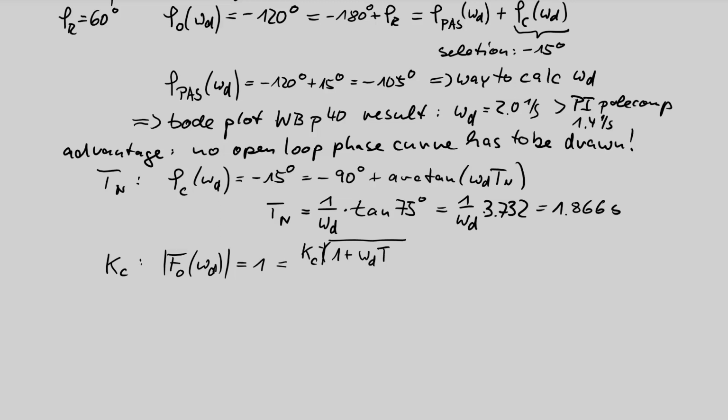Again, we have had this equation before, is the PI magnitude value multiplied with the magnitude of the process at this frequency. We have to look into the curve.